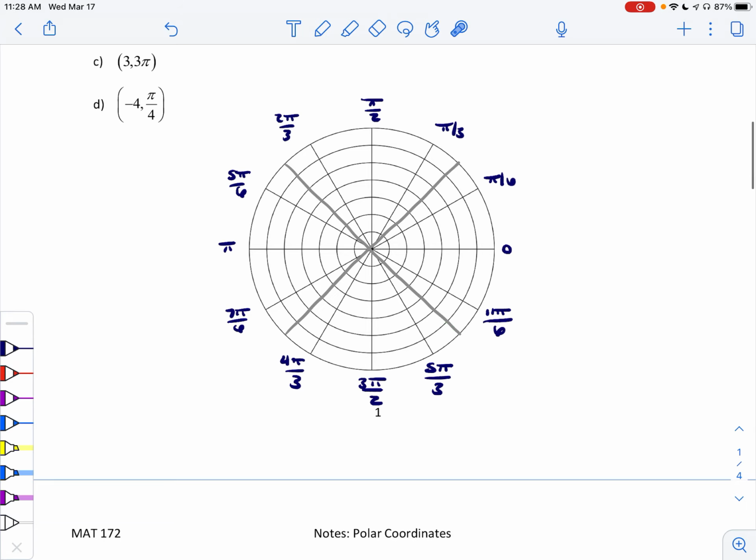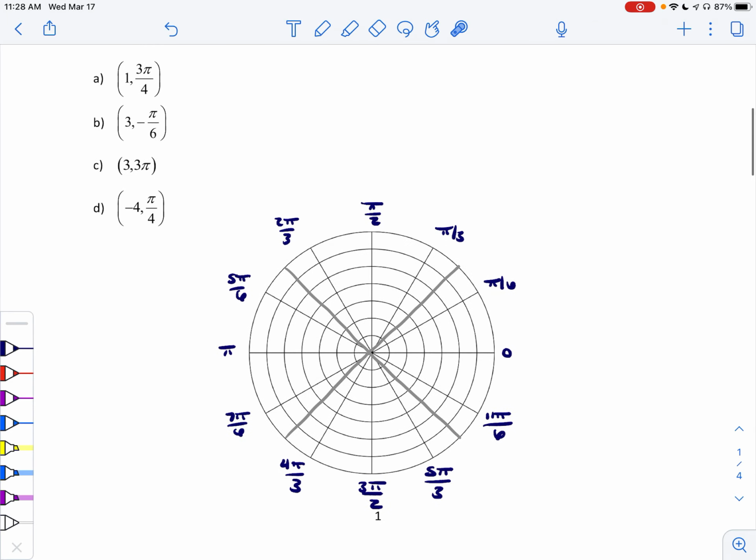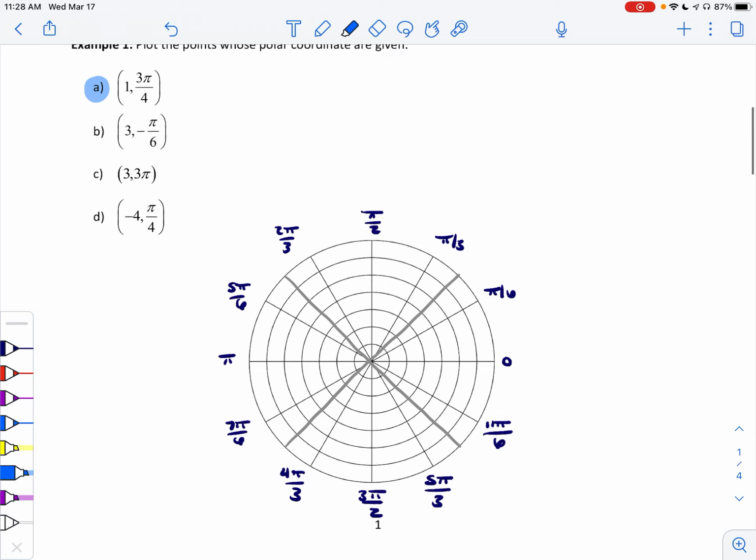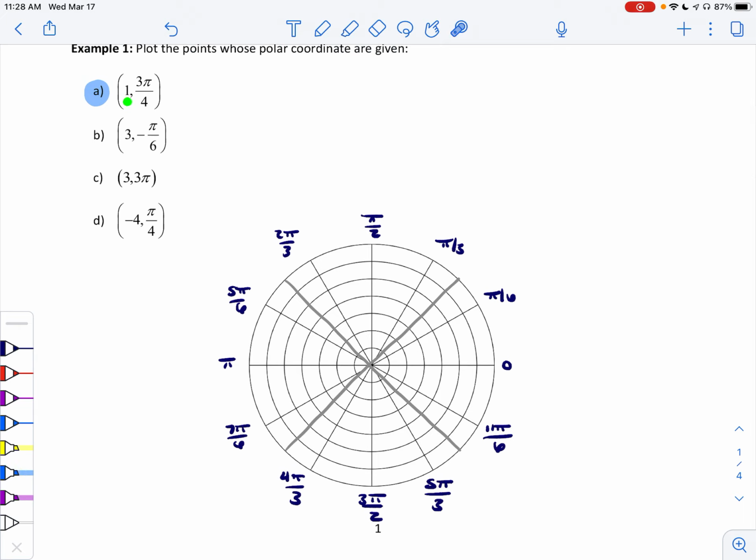Okay. All right, so let's go ahead and take a look at a couple of these points, and let's try to plot them over here. So our first one is the point 1, 3 pi over 4. So our radius is 1, which means we're going to be on the first circle, and our angle is 3 pi over 4.